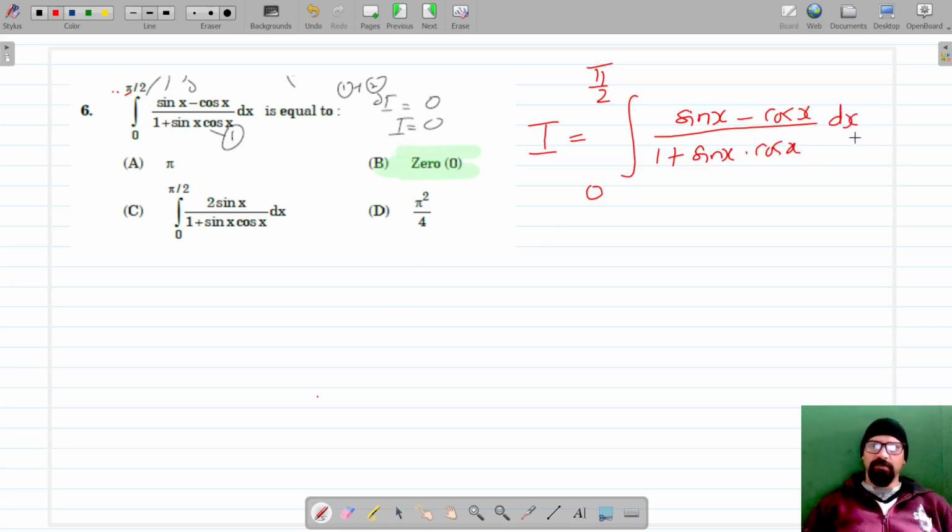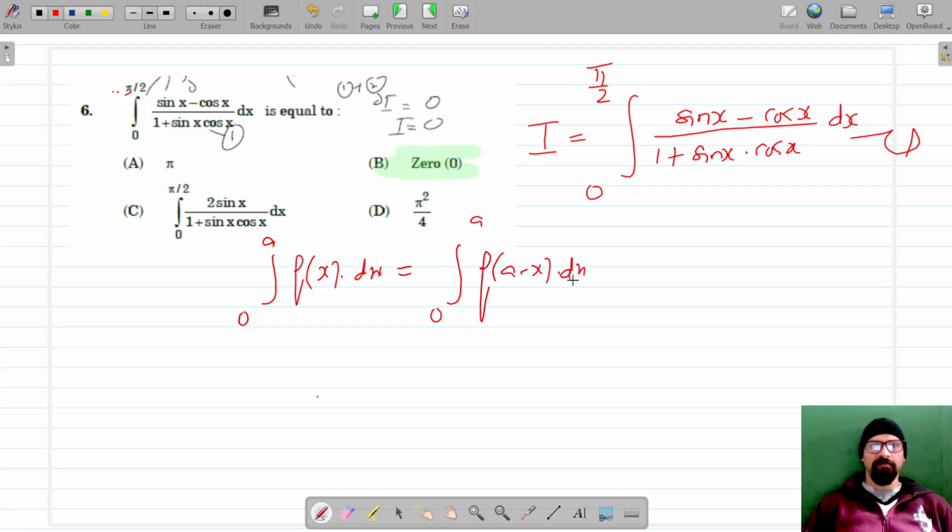Let this be equation 1, and we are going to use a property here. The property says that the integral from 0 to a of f of x dx can be written as the integral from 0 to a of f of a minus x dx.